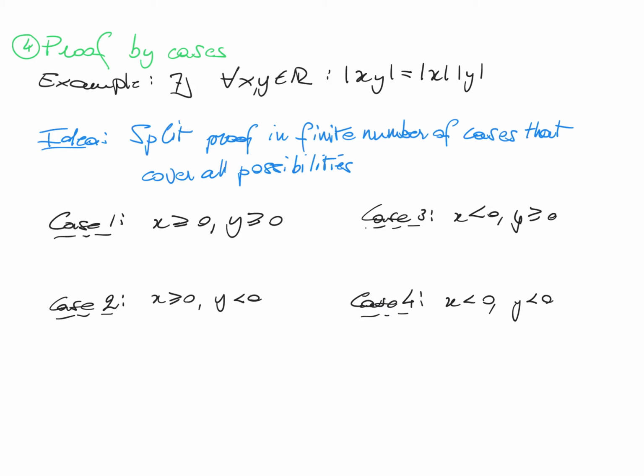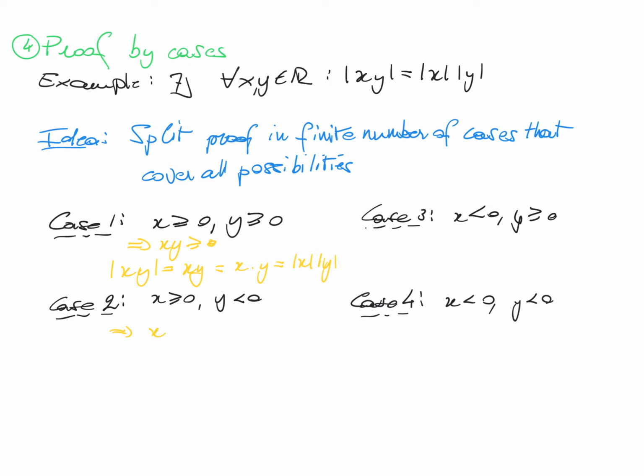So if x is positive and y is positive, this means that the multiplication of x and y is also positive. So it means that the absolute value of x times y is just x times y itself because it is positive. So this is then x times y, but since x is positive, this is the absolute value of x times the absolute value of y.